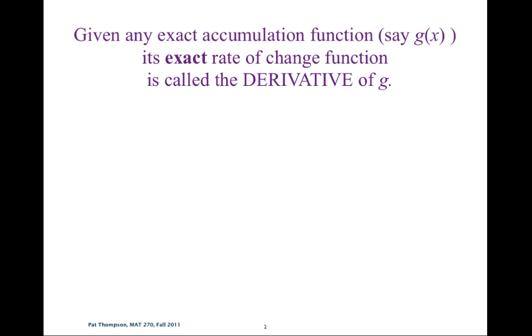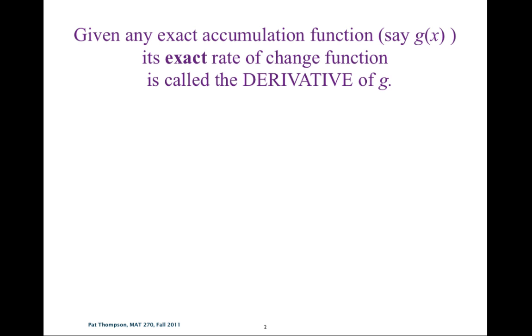Let's talk some terminology here. Given an exact accumulation function, say g of x, its exact rate of change function is called the derivative. We've been focusing on the language rate of change function because that tells us what it is, so derivative is a little more vague. But when you hear the term derivative, immediately think rate of change function.